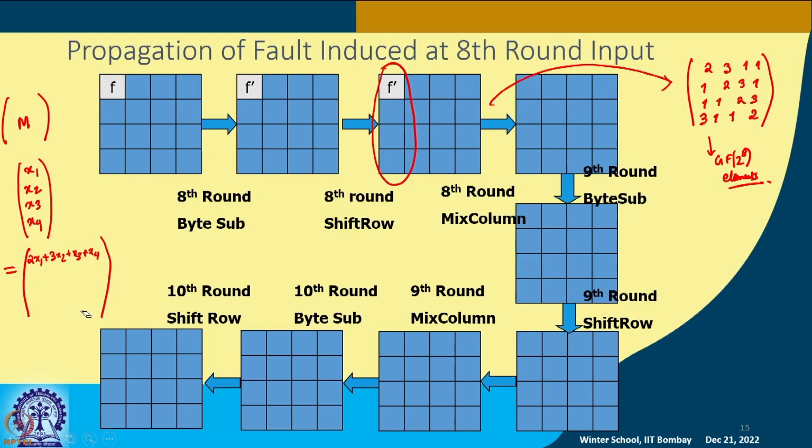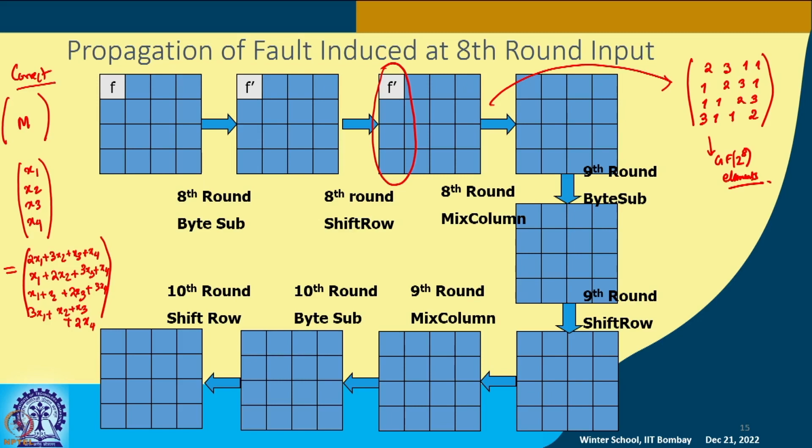Likewise, you will have x1 plus 2x2 plus 3x3 plus x4, then x1 plus x2 plus 2x3 plus 3x4, and likewise 3x1 plus x2 plus x3 plus 2x4. This is what you will get in the correct case.